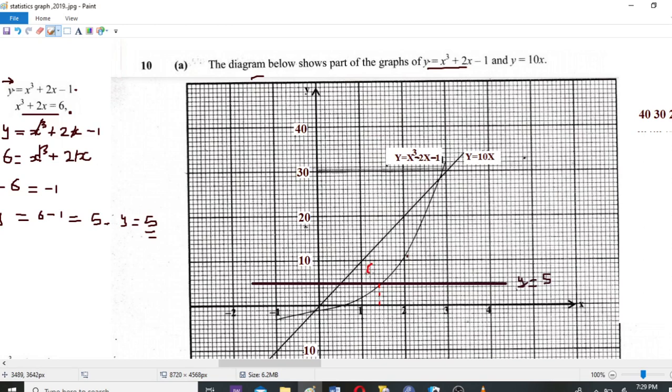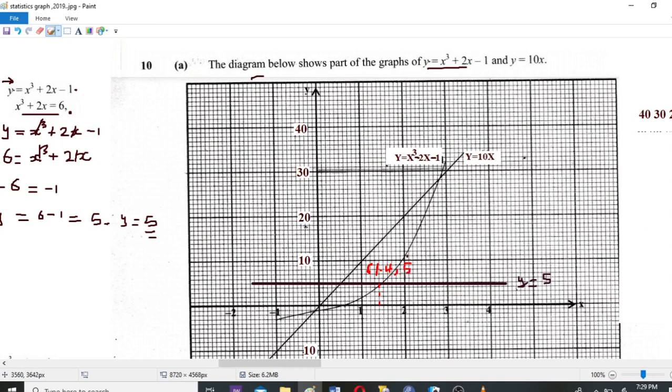So the point where our line y is equal to 5 is touching our curve is at 1.4, right? So we have 1.4, comma, that's 5.